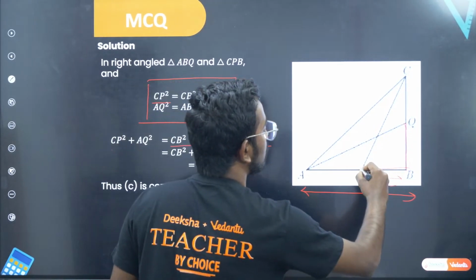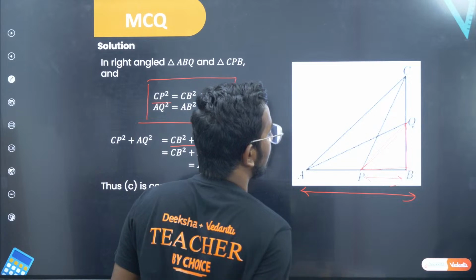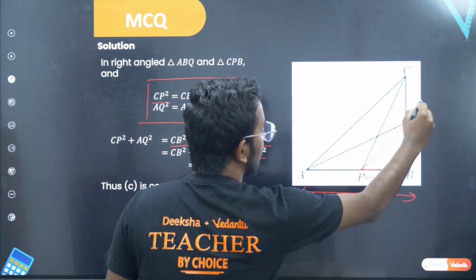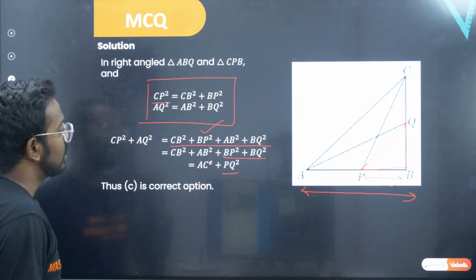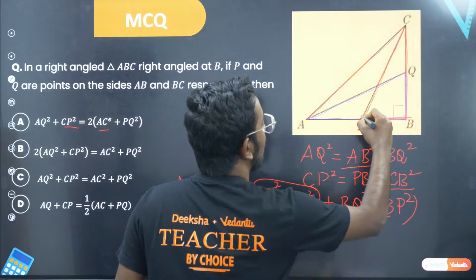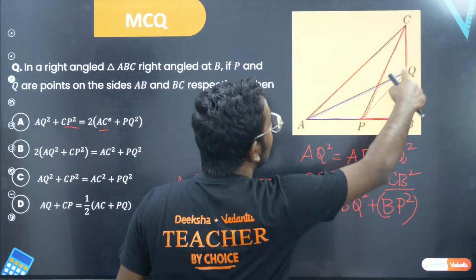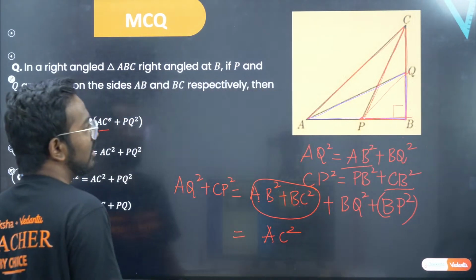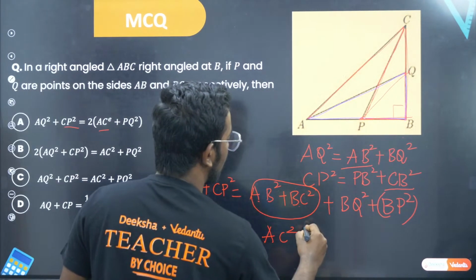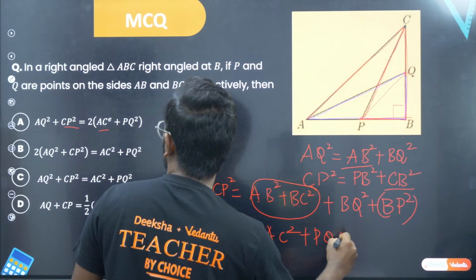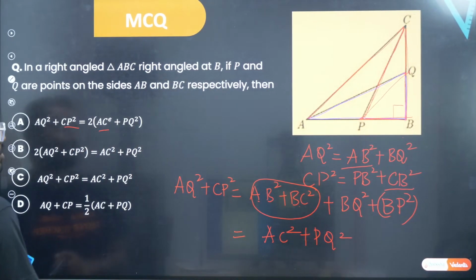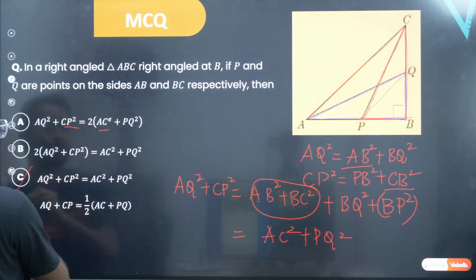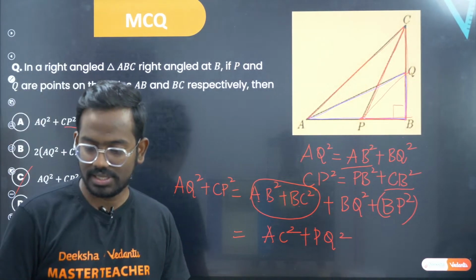So you can take this as one more right angle triangle. This plus this will give you PQ square. So you have PQ over here, one more right angle triangle can be formed between PQ and B, and that will give you PQ square. Therefore the final answer should be AQ square plus CP square is AC square plus PQ square. Hope this is clear, everybody.